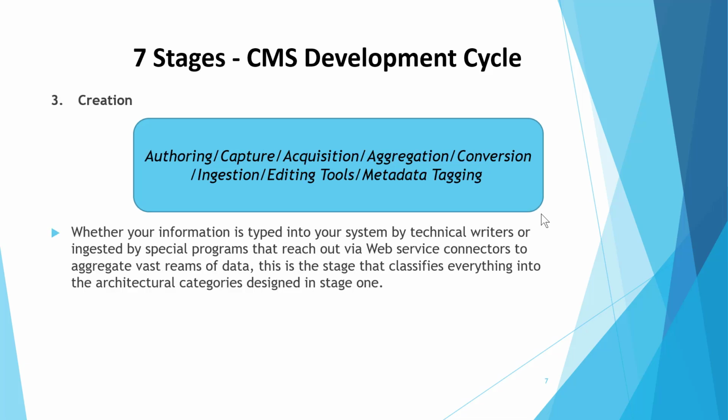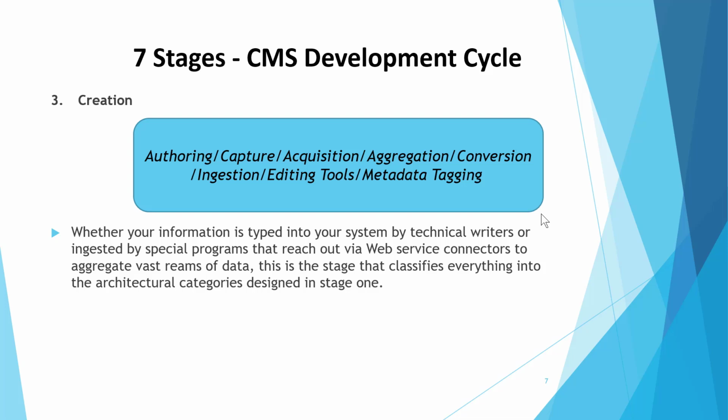So the third stage is the creation. This is where authoring, capture, acquisition, aggregation, conversion, editing tools, and metadata tagging come in. All of these you need to implement in the CMS development cycle.